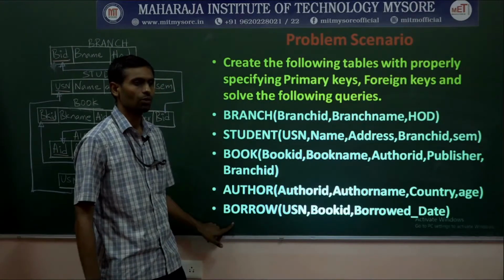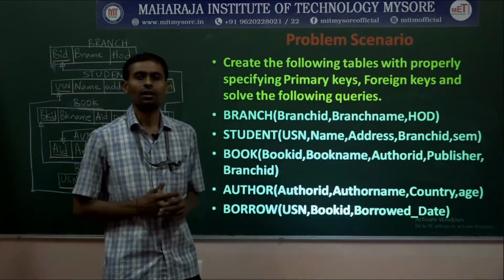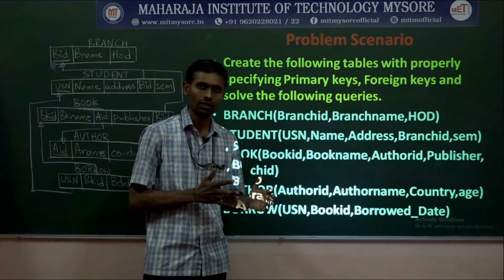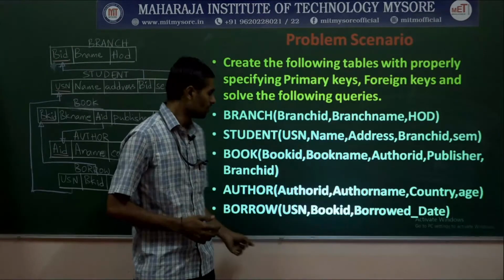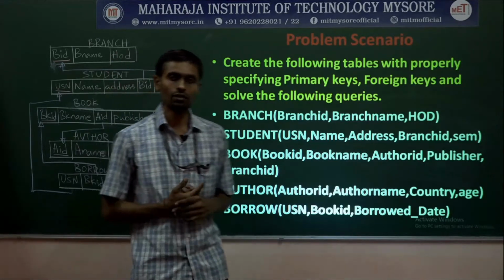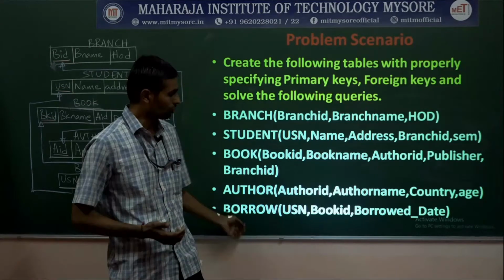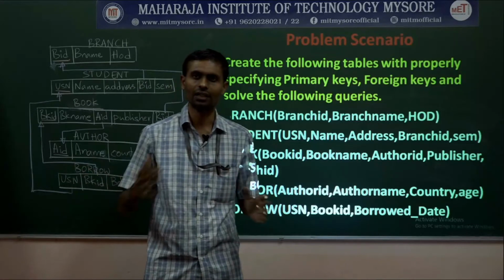Then we discussed the borrow table, which gives information about which student borrowed which book, on what date, and all such things. We created a separate table because we have to exhibit a many-to-many relationship.